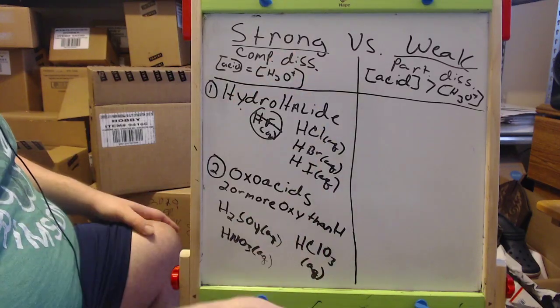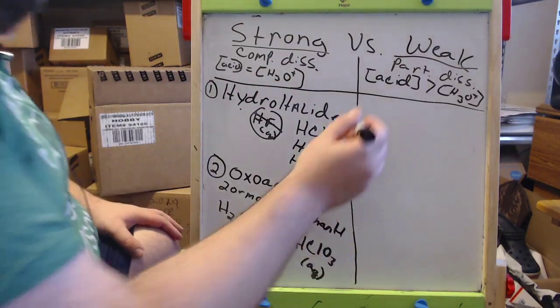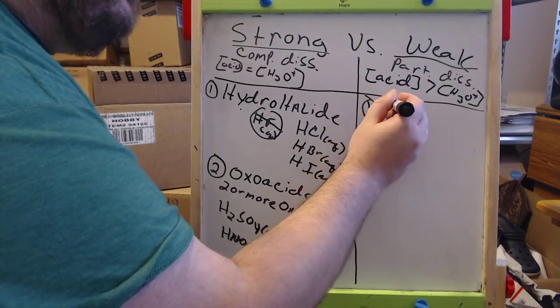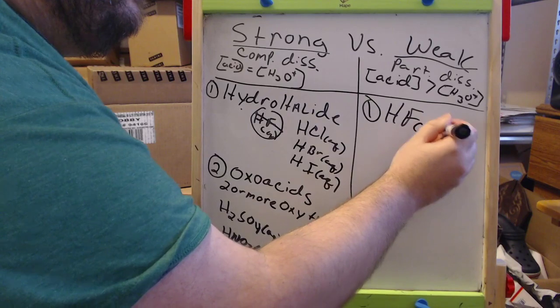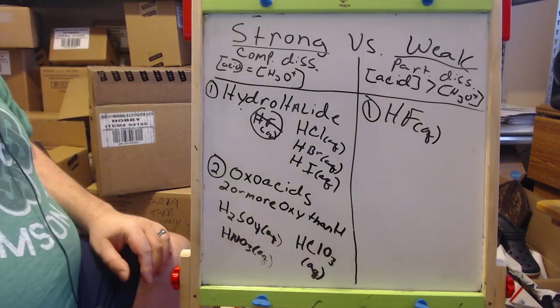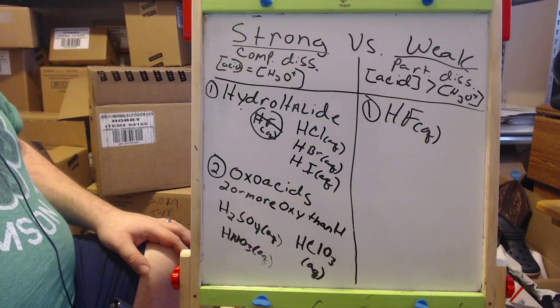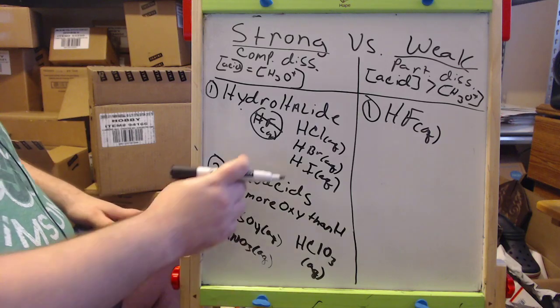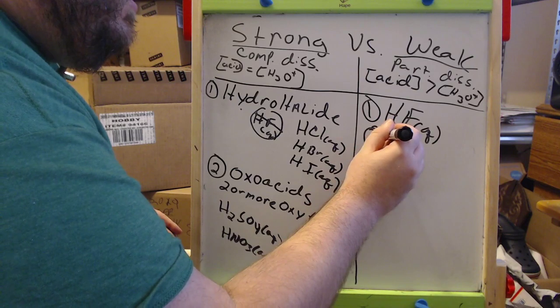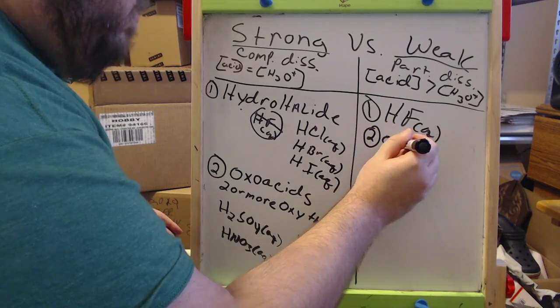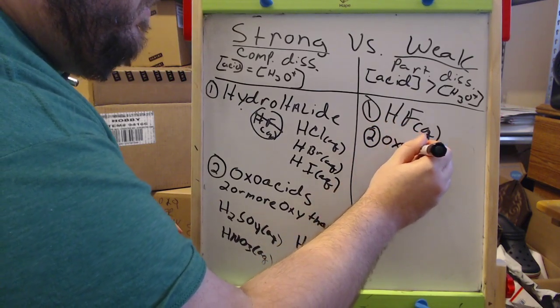So what about my weak acids? Well, number 1 on the list is our exception with the hydrohalides. HF is a weak acid. What about my oxoacids? Oxoacids that don't follow the rule of 2 or more.